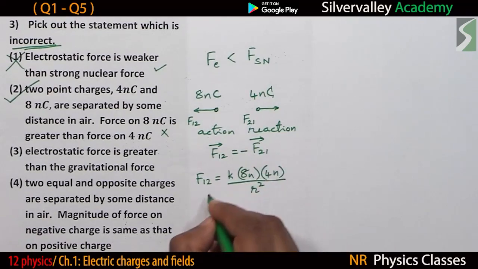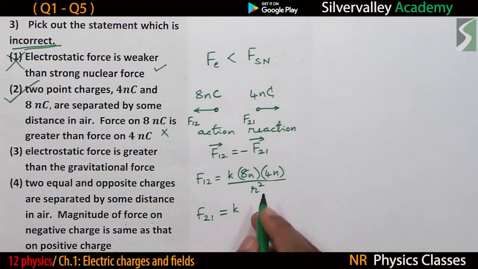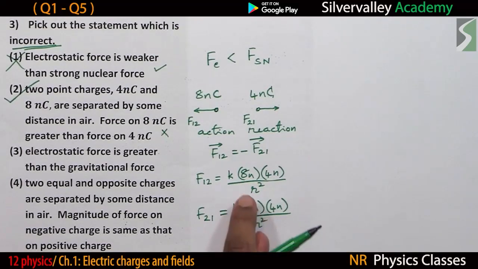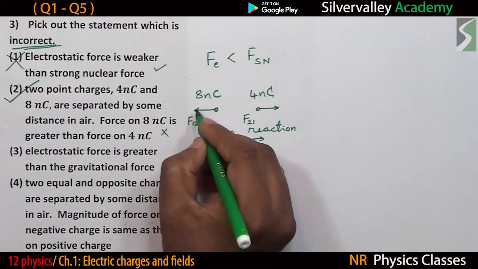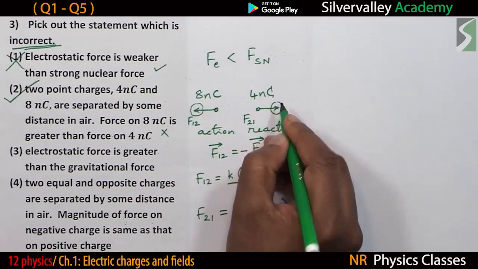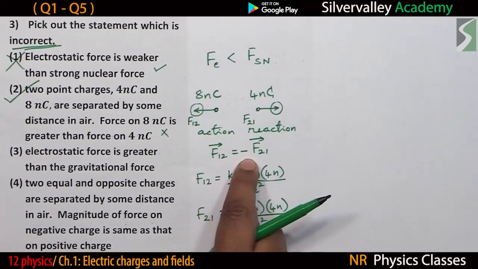Now let me find the force on the second charge due to the first charge. Constant, product of the charges 8 nano, 4 nano, by r square. Observe their magnitudes. They are equal, but directions are opposite. Direction of F12, direction of F21. So they are equal and opposite forces, an action-reaction pair.